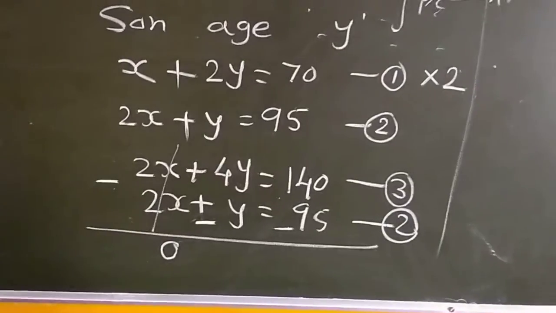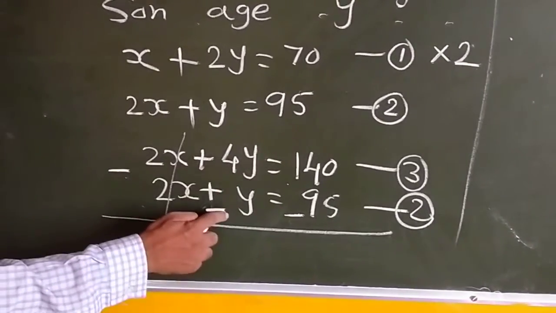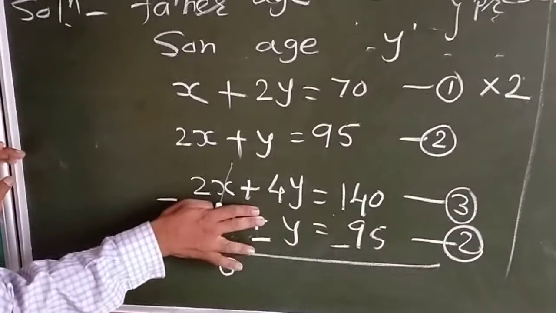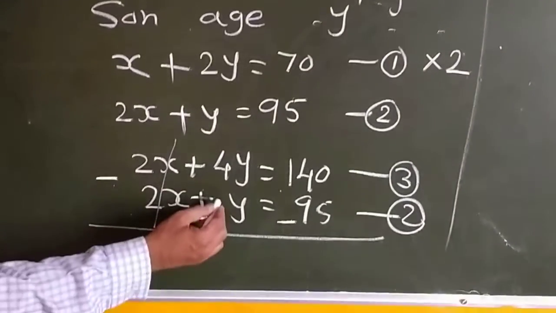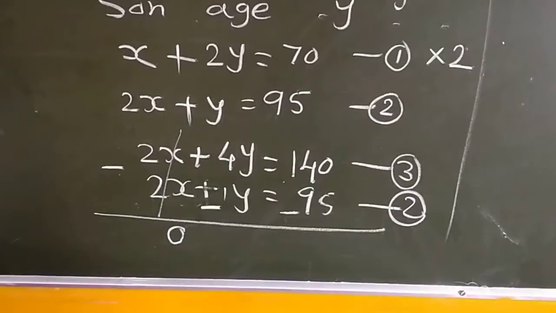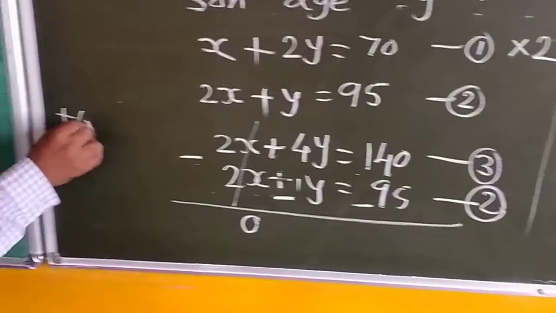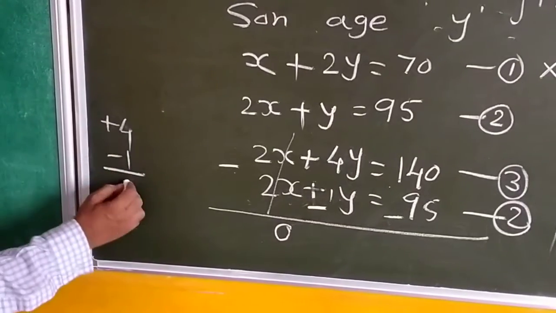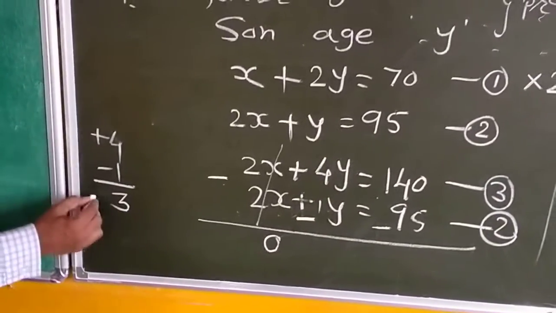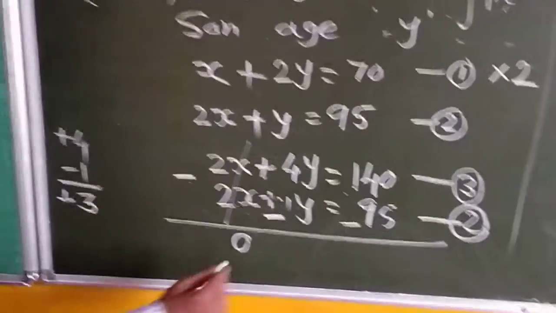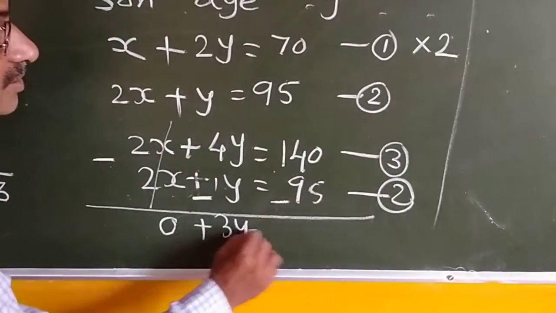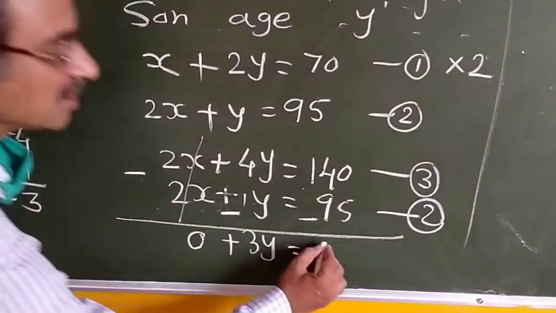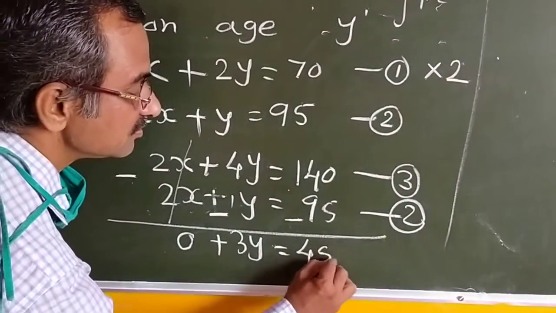That is very simple. Then plus 4y minus 1y: the coefficient is 1, so 4 minus 1, different signs, we take the subtraction, 3, and the bigger number's sign is plus. So plus 3y. Then 140 minus 95, it comes to 45.